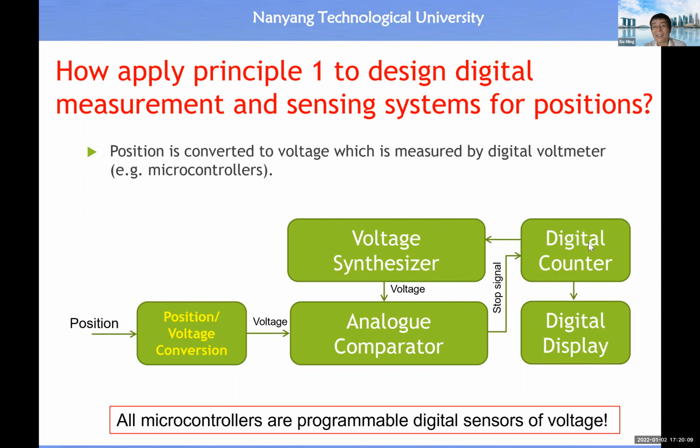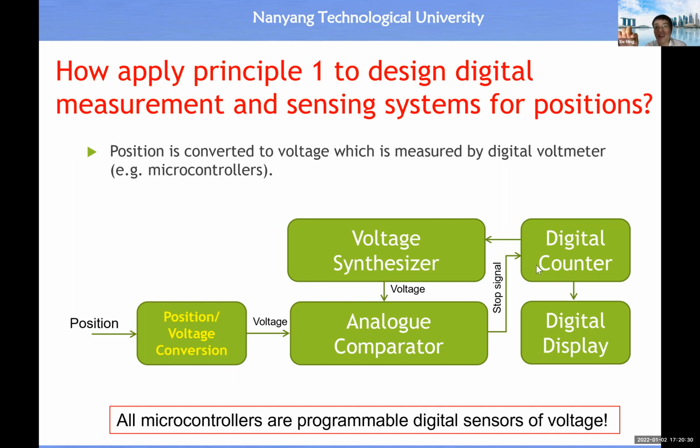Because we predict the digital value for voltage and use the predicted value to synthesize a DC voltage, and use the synthesized DC voltage to do comparison with the input voltage. When the values match, then we will stop the counting.